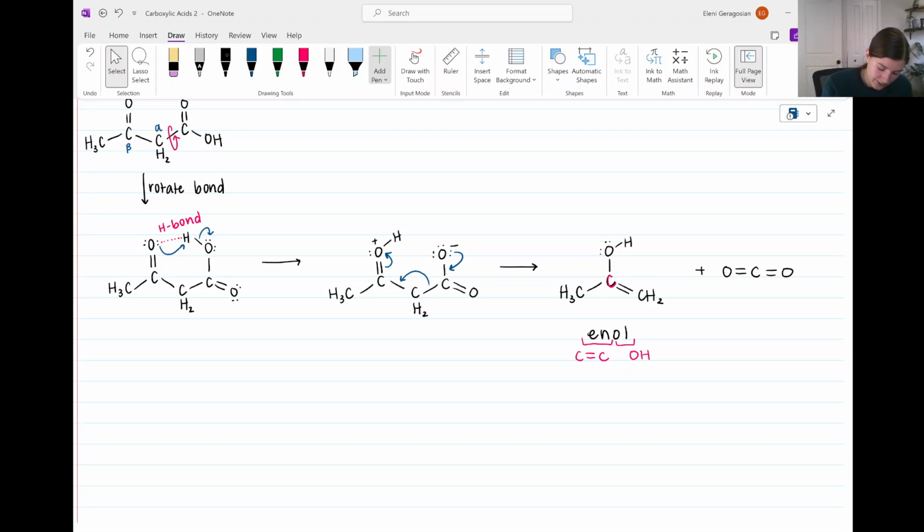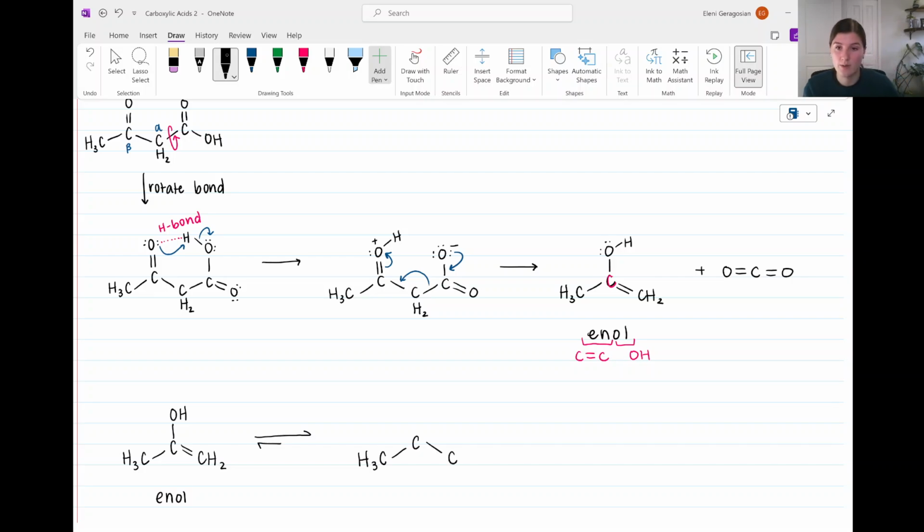So let's copy down this enol here. So here is the enol. In solution, enols are in equilibrium with their keto form. Now the keto form is where we still have the methyl group. We still have 3 carbons bonded in a row.